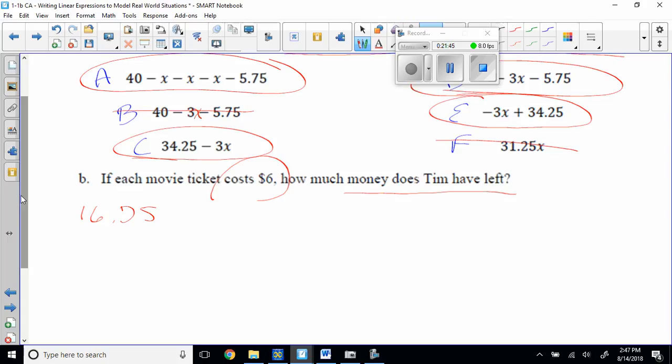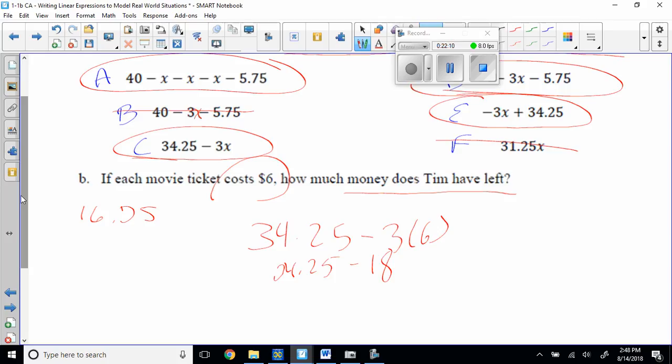16.75? So if I do 34.25 minus 3 times 6, that's 34.25 minus 18. 34.25 minus 18, what is that on the calculator? Come on. How much? Not x, son.